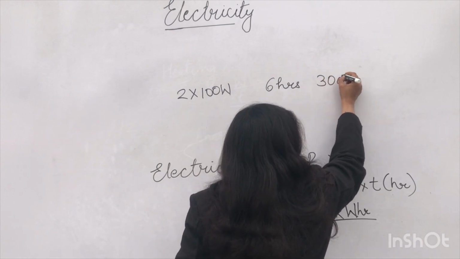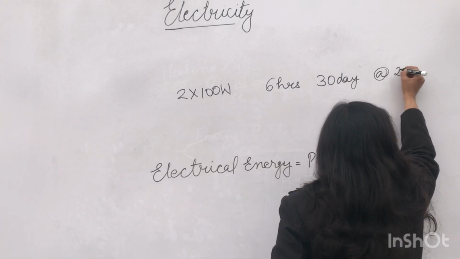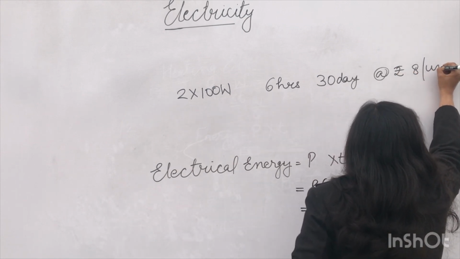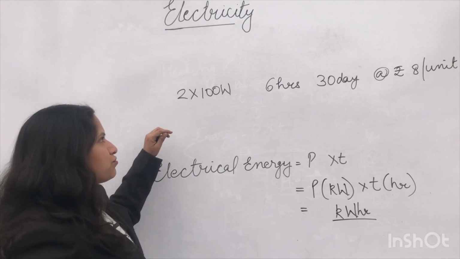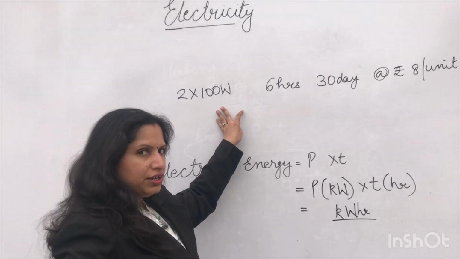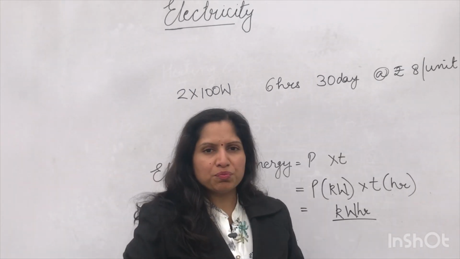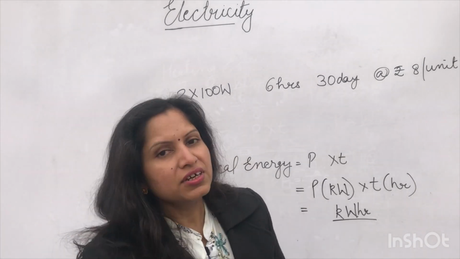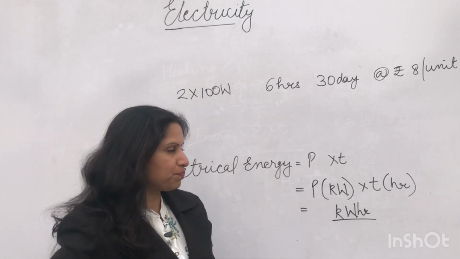Calculate the electricity bill for using two bulbs of 100 watt each for 6 hours daily for 30 days at the rate of rupees 8 per unit. Try to solve it by yourself and then you can see the solution.